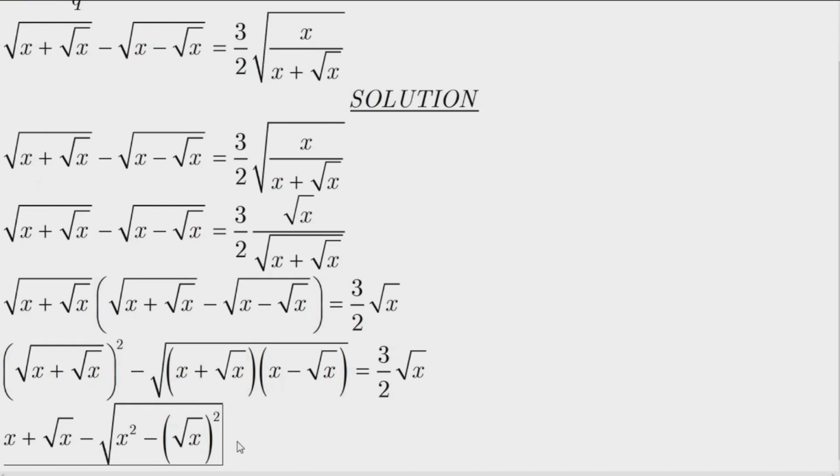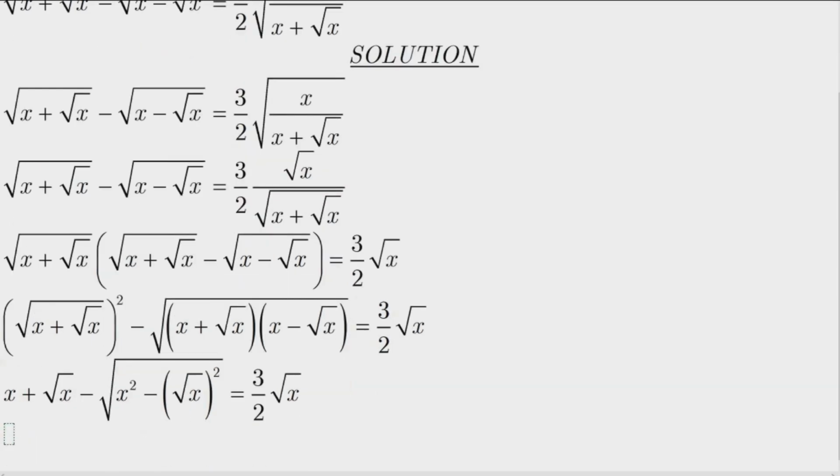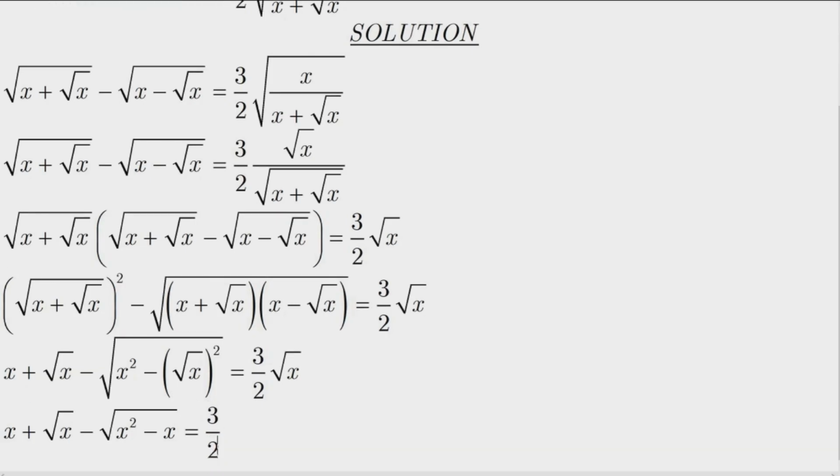Alright, and then that's equal to 3 halves square root of x. Okay, then we have to calculate here, which is equal to x plus square root of x minus square root of x squared minus x, right? That equals 3 halves times square root of x.